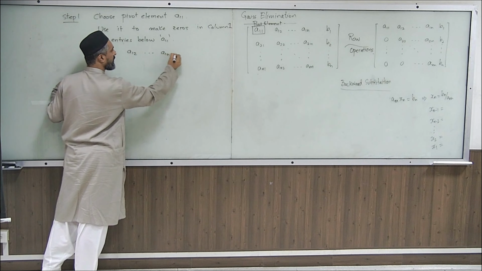In the second row, this element has been changed, so obviously there will be some other changes. I'm just using the same notation. So there are zeros in the first column, but obviously there are different changes that are going to occur to the other elements.